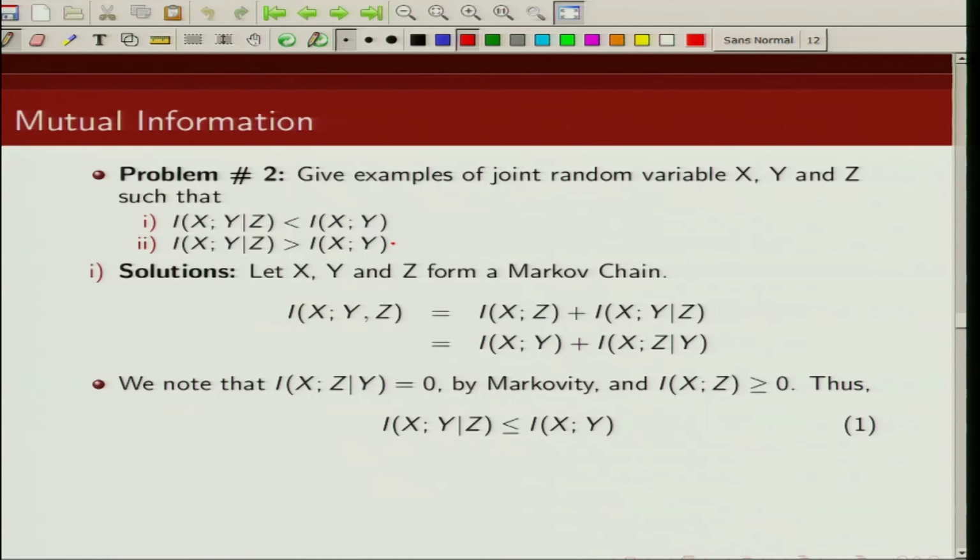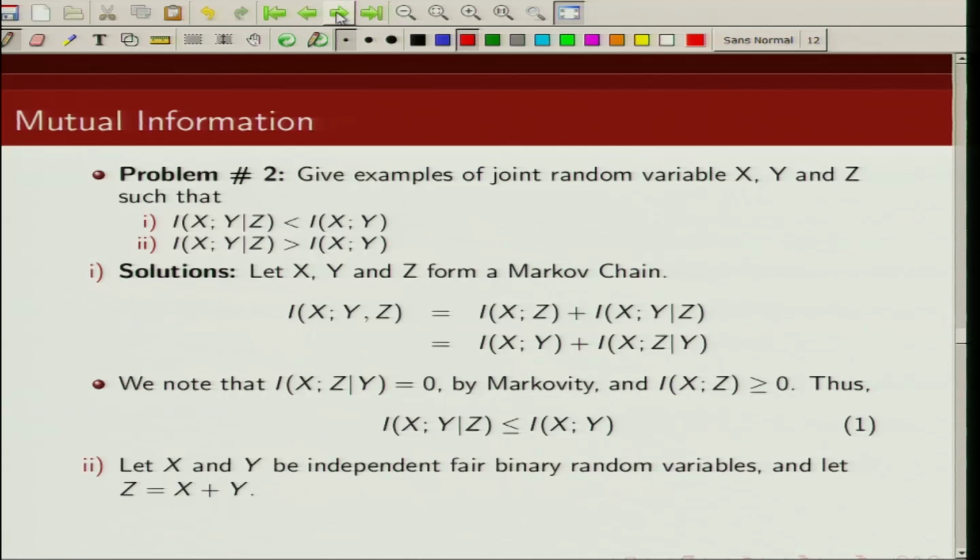Now, we are going to prove that the mutual information between x and y given z is greater than or equal to the mutual information between x and y. So we will consider one example. Let us consider that x and y are independent fair binary random variables and z is given by x plus y.